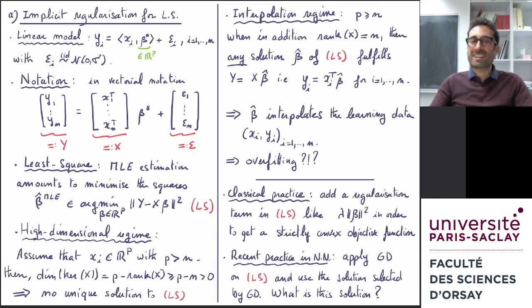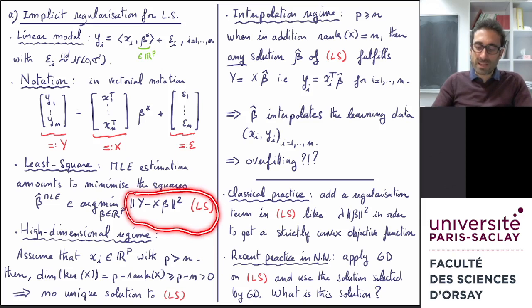I think that you have learned that interpolating the data is maybe not a good idea because this may lead to overfitting. So is it a good idea? First, let me recall what the usual practice is. Usually we consider this term, and in a high-dimensional setting, we add a penalty.